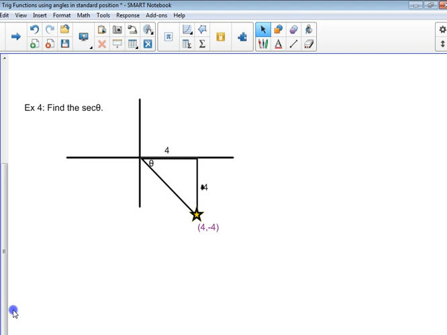No, you don't need a calculator. First thing that you have to figure out.